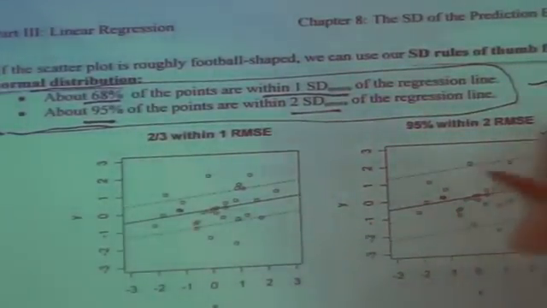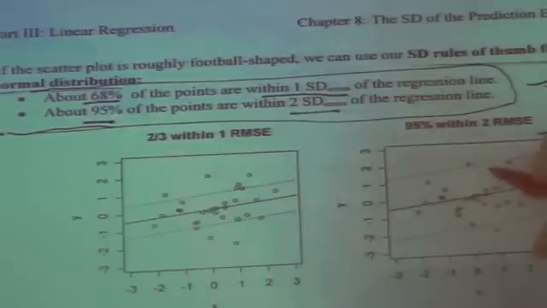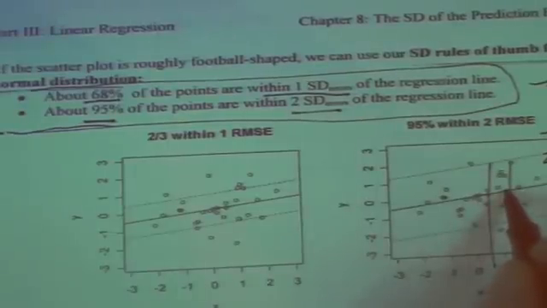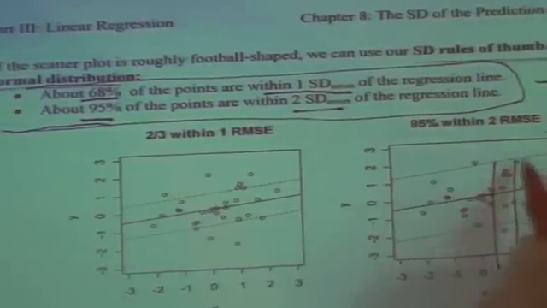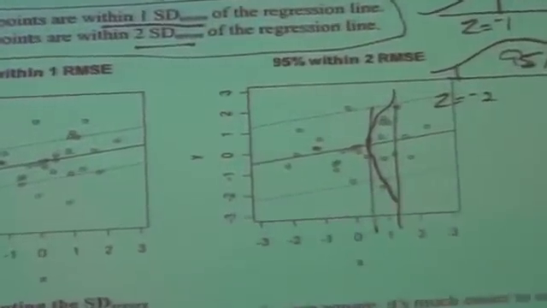Within any little vertical strip, I don't know how to draw this, you can think of a normal curve whose average is centered right at the regression line, and 2/3 of the points are within 1 root mean square error away.